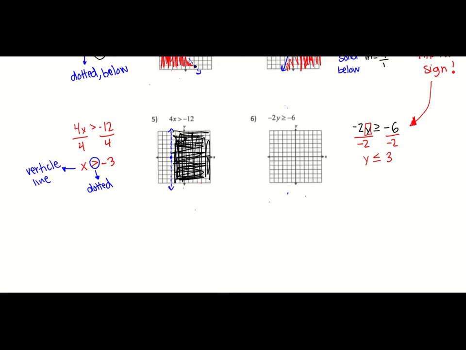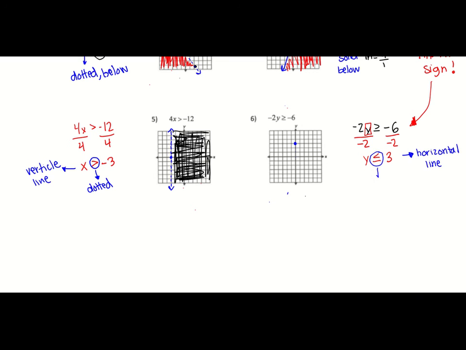Just like I did over here with my vertical line, if I have y is less than or greater than or is equal to, this means I'm going to have a horizontal line. Y is less than or equal to positive 3, so I'm going to put my first point at positive 3. And before I draw my line, I need to determine what kind of line.